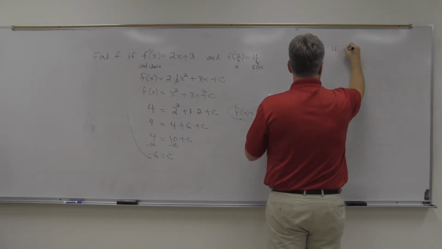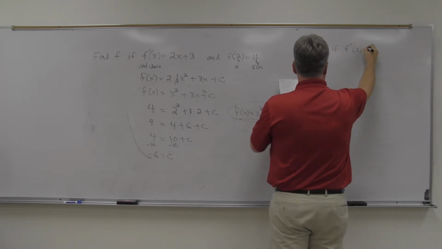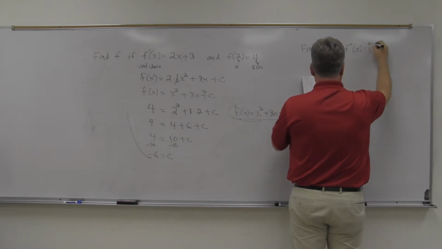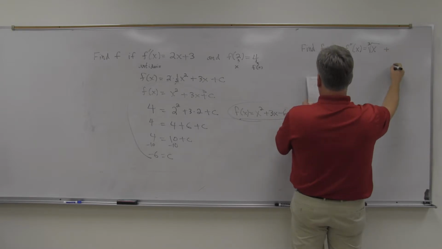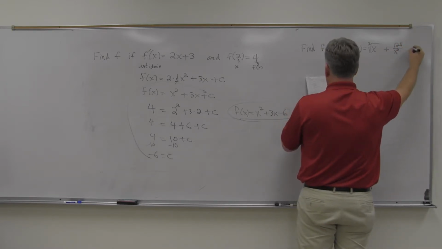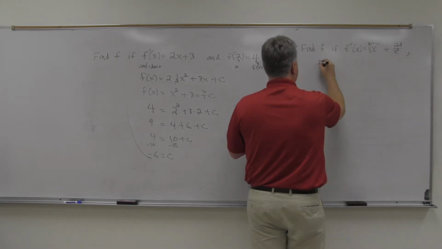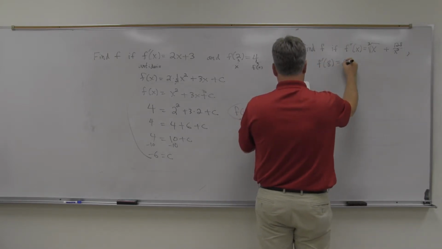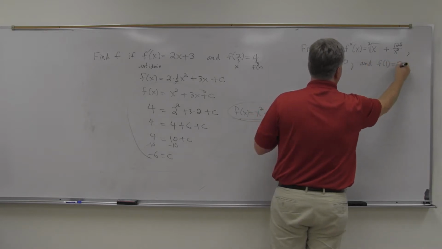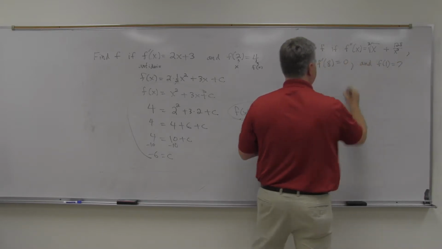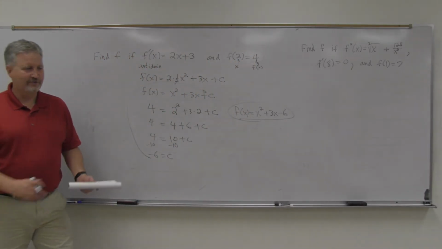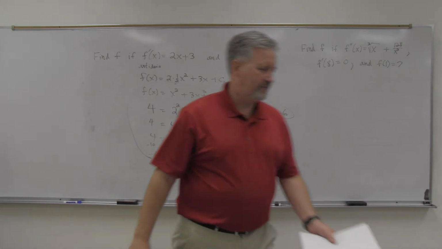If f double prime of x is cube root of x plus 128 over x cubed, f prime of 8 equals 0, and f of 1 equals 7. Okay. So again, two other bits of information.